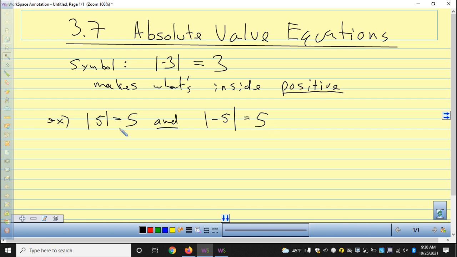So we have two possibilities here. The absolute value of 5 is 5. The absolute value of -5 is also 5. When we start solving equations, absolute value equations are always going to have two answers because of these two possibilities for our absolute value.